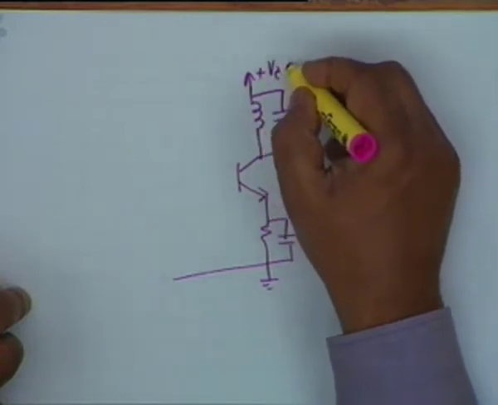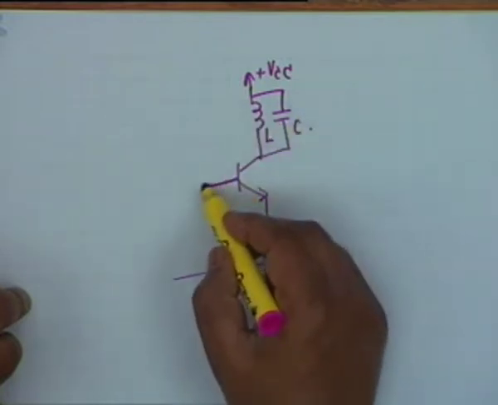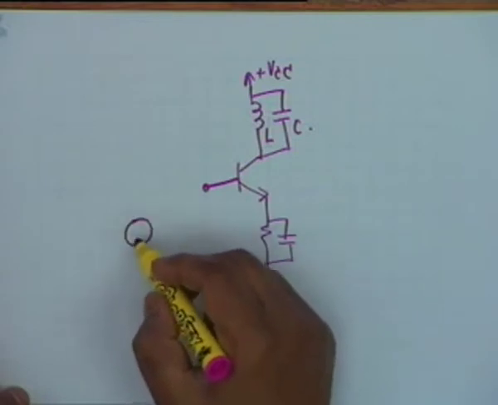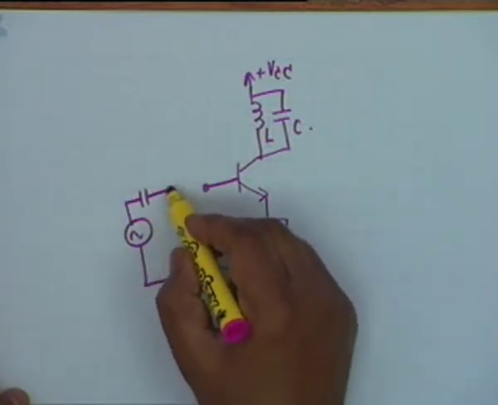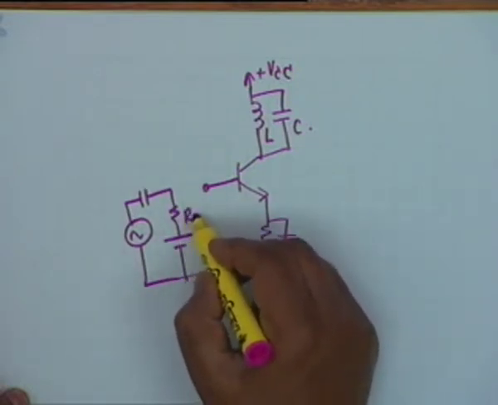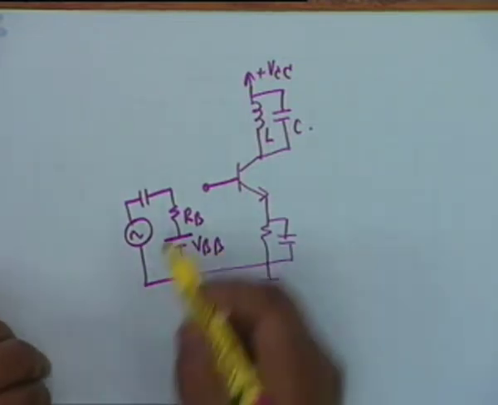This is plus VCC, L and C, and for simplicity, let us represent the biasing by this Thevenin equivalent circuit, that is RB and VBB, all right.